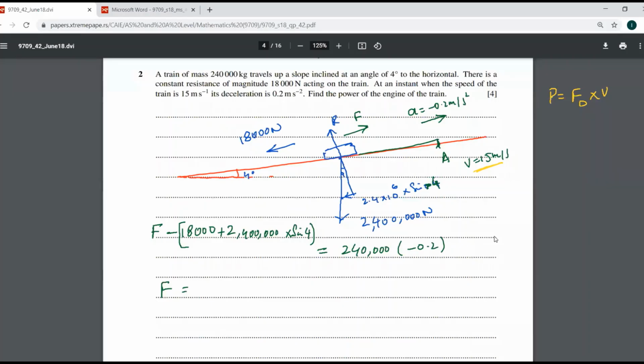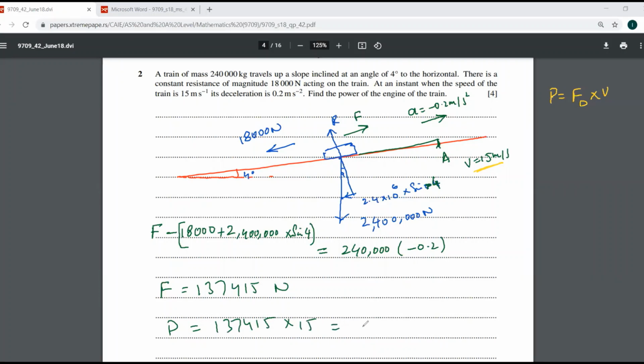While you're telling me the value of this force, do not delete it from the calculator. This is 137,415 newtons. We are interested in power, so you multiply this F, which is 137,415, times that 15. So now tell me, this is the answer that we need. 2,061,225 joules.